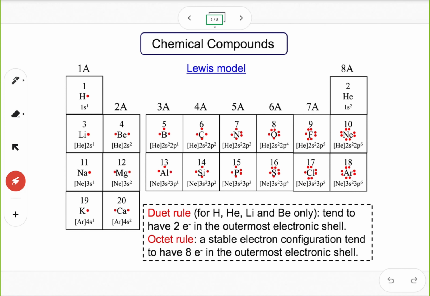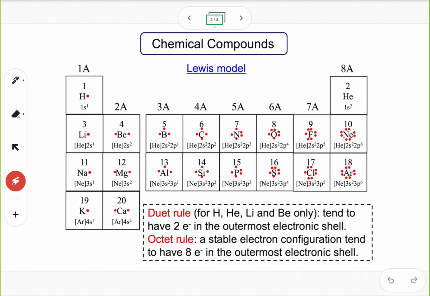Another example, argon, 8 valence electrons, so we use 4 pairs, 8 dots. So this is the dots representing valence electrons.